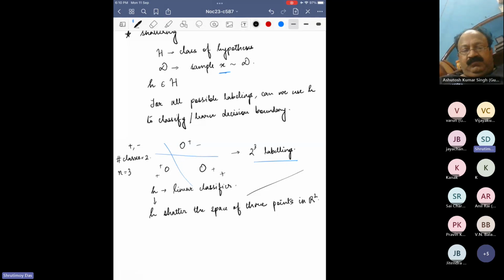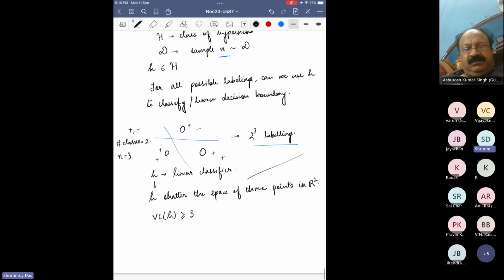And once we go to shattering, we say that the VC dimension of this class of problems is at least three, because it can shatter at least 3 points. Shattering means you can divide the space into the plus points and the minus points.